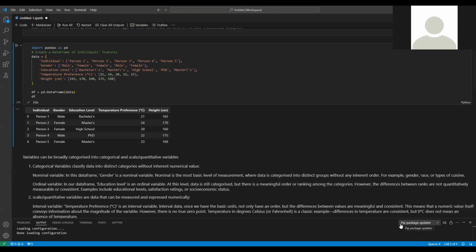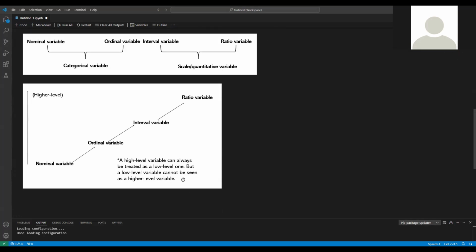But you can't do it the other way around. You can't treat a lower level variable like gender as a higher level variable like interval and ratio variables. That's why we call this classification of data the level of measurement. The higher level data has more options, while lower level data does not have that many options when it comes to data analytical techniques.